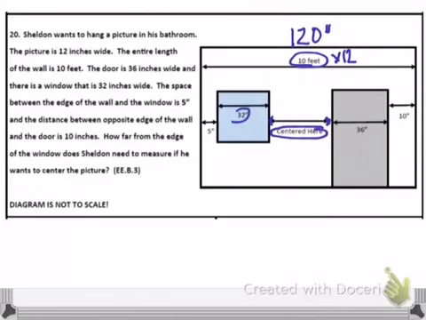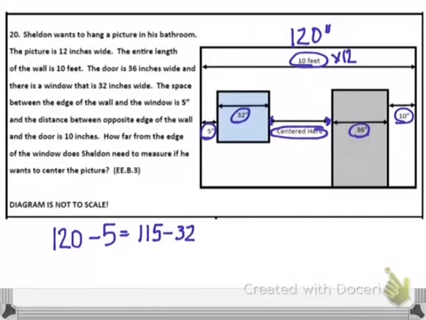So I've got to get rid of this and this and this and this. So I'm going to take my 120 inches and subtract those. Depending on how you want to do it, you can subtract one thing at a time. So you can say 120 minus 5 is 115, minus 32 would give me 83.